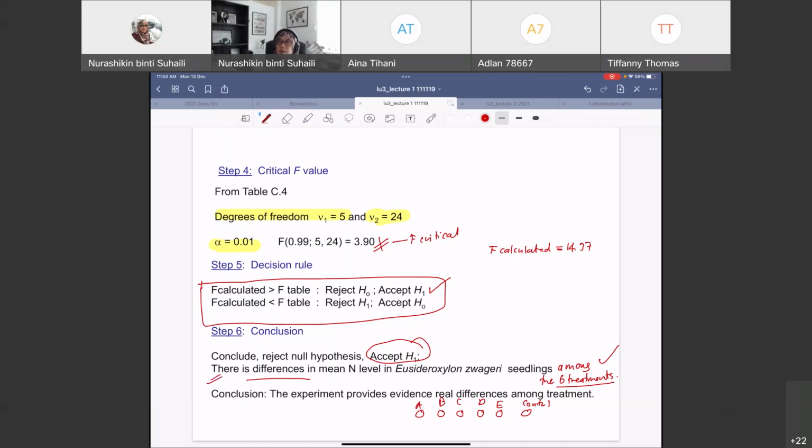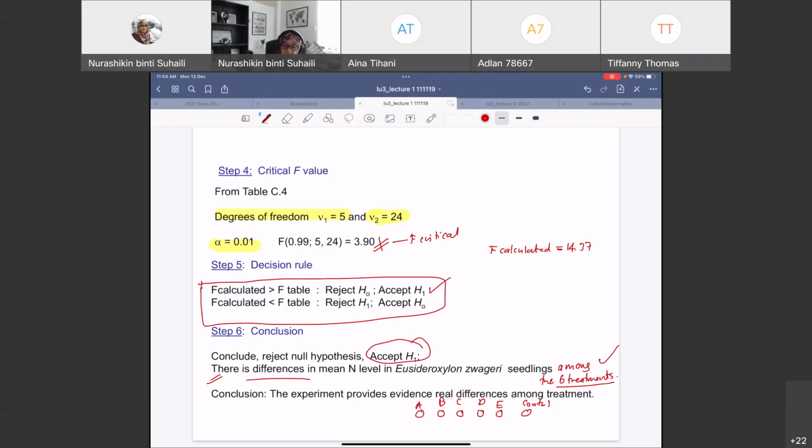Generic means it's just general. So if we want to have a better picture about the data, we must find out where is the difference.